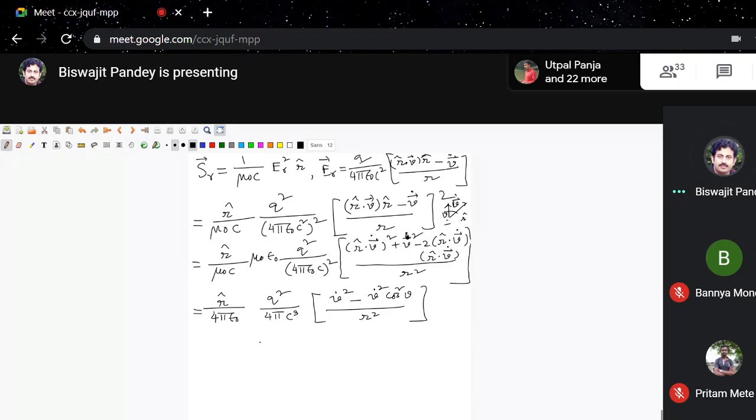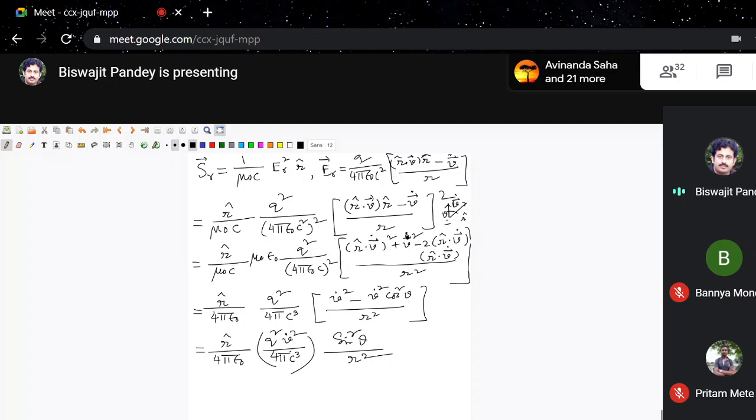It's up to you. Then take a V dot square common. We shall have R cap divided by 4 pi epsilon 0, then Q square V dot square if I take it outside, and then we have in the denominator 4 pi C cube, okay, bracket, 1 minus cos square theta, that is sine square theta, divided by R square, right? Again, if you want to write this in terms of acceleration, you can. Anyway, this is fine.